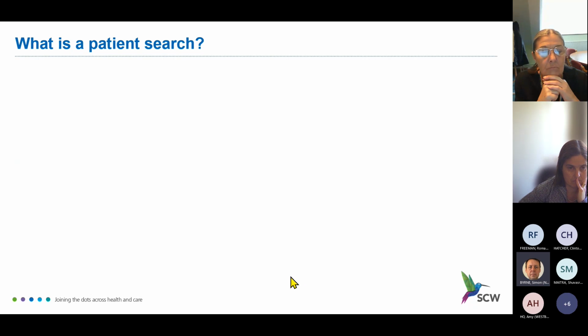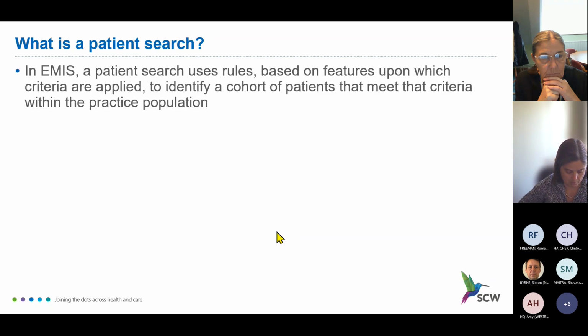So the first question, and this isn't a question I'm putting out there, I'm just asking it to give an answer: what is a patient search? I did think quite long and hard about this, but I've put that up on the screen there. It's a little bit convoluted, but basically in EMIS, a patient search uses rules, and the rules are based on features upon which criteria are applied.